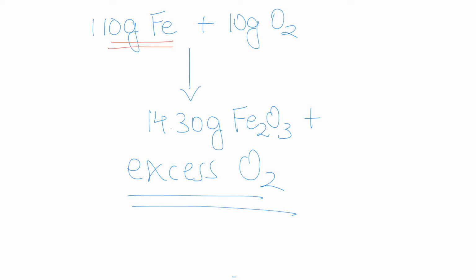Okay, so sometimes you will see problems where it will say that you have two reactants and one of them is in excess. If a problem reads like that, you simply have to assume that the excess reactant is the one that you don't have to worry about, and then the other reactant becomes the limiting.